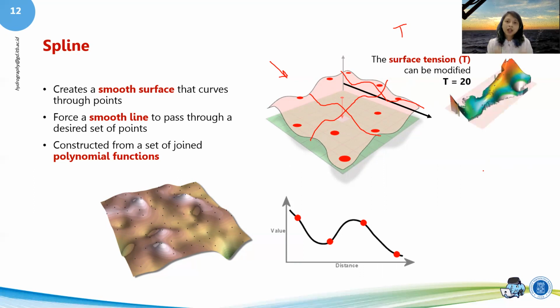For example, if the tension is only 20, the tension is basically like, if you're imagining your surface as like a rubber sheet, if you've got a tension of 20, then you actually have very, very small tension, or like you pull your rubber sheet very, very small.